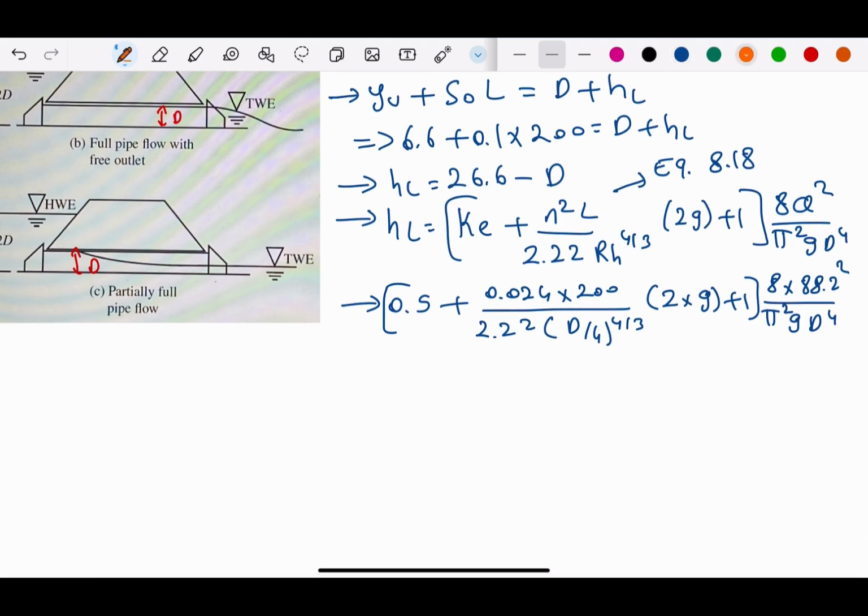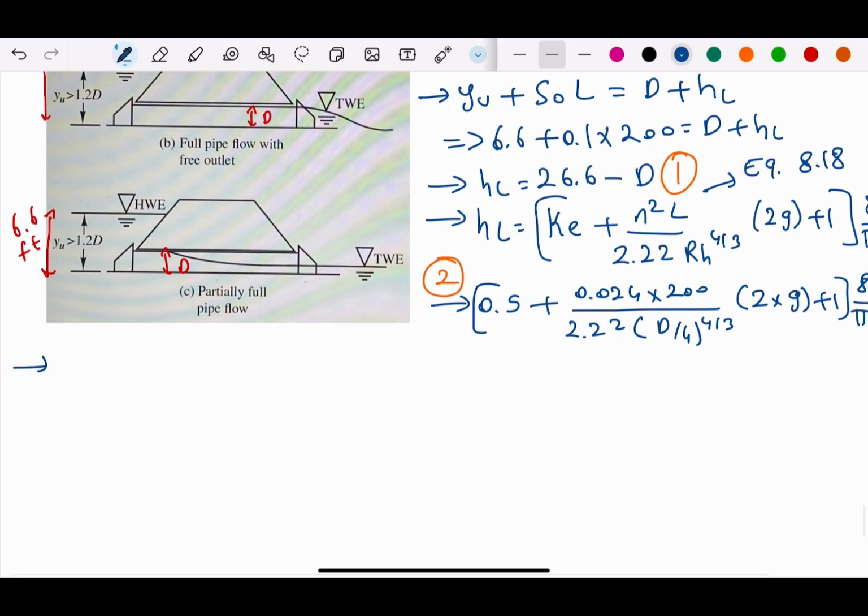Since we have these two equations, we can solve them together. And from 1 and 2, the d is 0.75 feet, which is the hydraulic diameter. So this is the condition where we have full pipe flow.